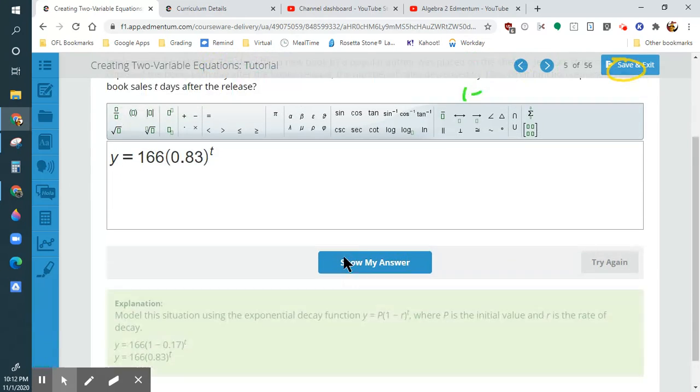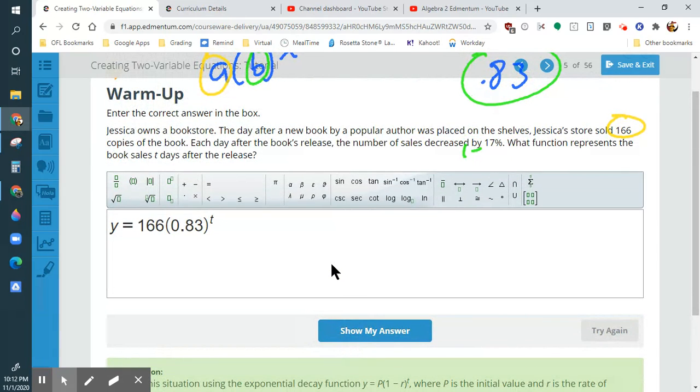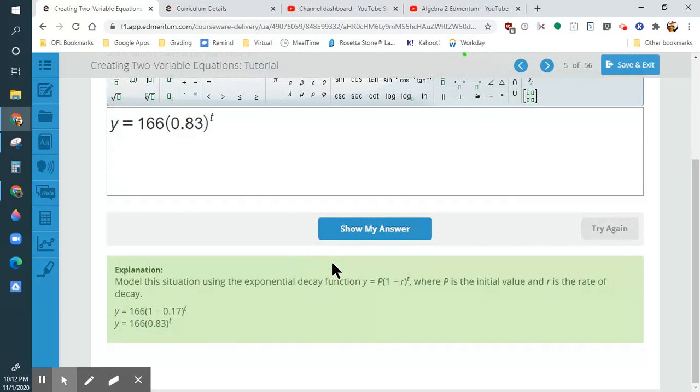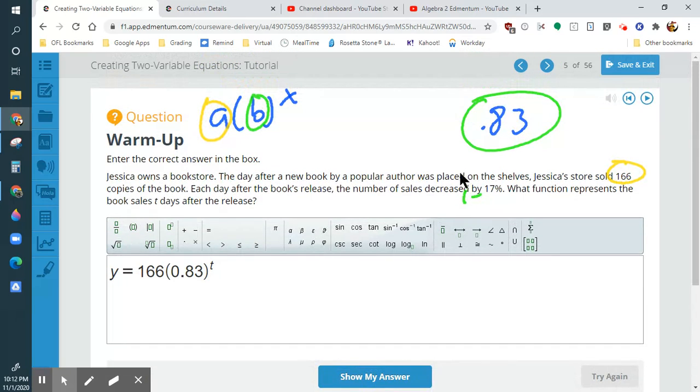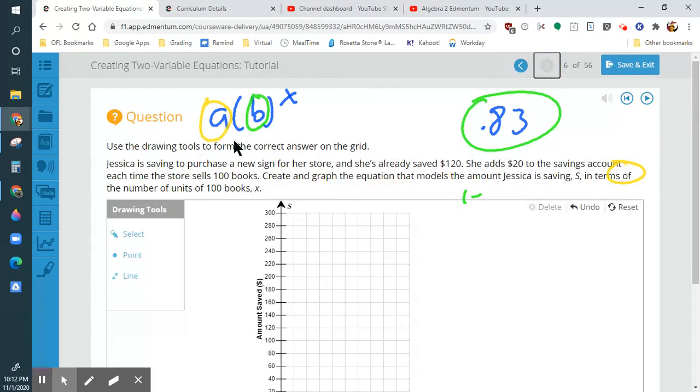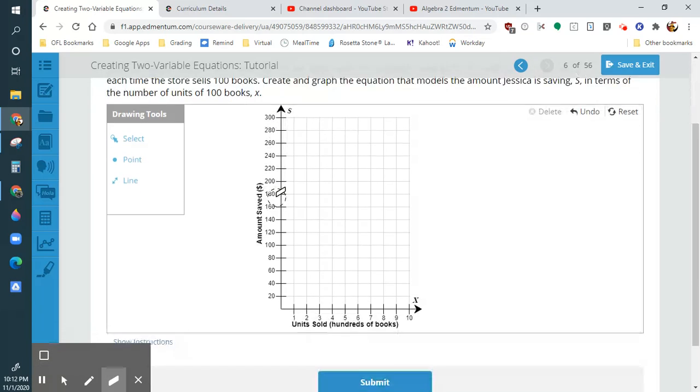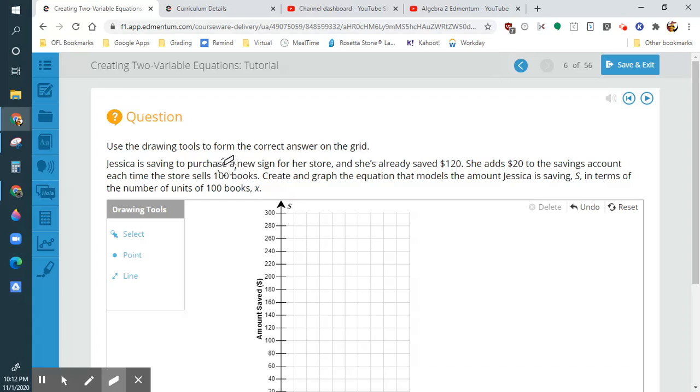All right, well, let's see the correct answer. I forgot a zero. All right, so don't forget your zero, apparently, or Edmentum's going to be very upset at you. That's weird. All right, so 0.83, not .83. I'm not sure why Edmentum is that picky, but oh well.